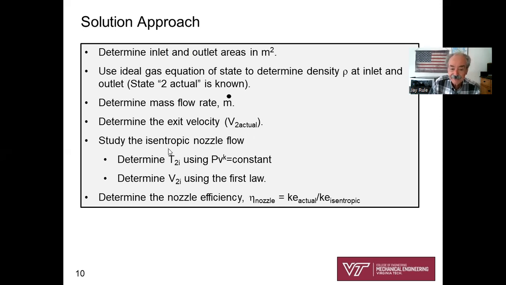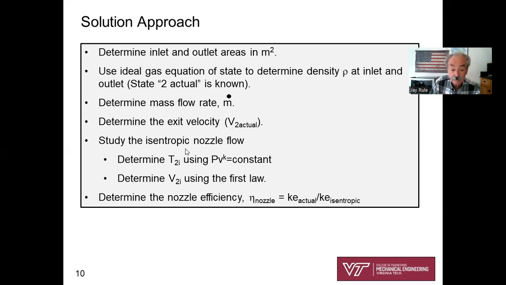Then we will study the isentropic nozzle flow. Now, for an ideal gas with constant specific heat, we're going to remember something. This is something we should remember if you've used it enough. Otherwise, it'll be formula sheet material: for the special case of an ideal gas with constant specific heat undergoing a reversible adiabatic, or isentropic, process, Pv to the k is constant.